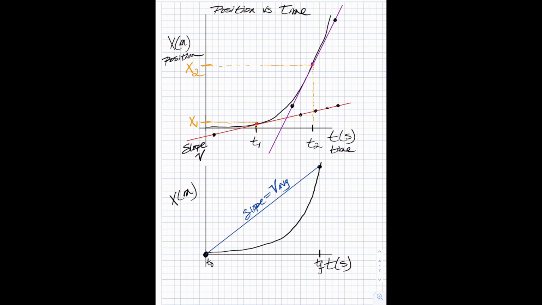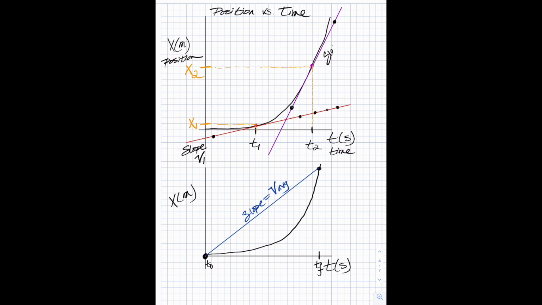I'll call that v1. And the slope of this purple line is equal to the instantaneous velocity at time 2. And so now you can see the difference and the need for instantaneous velocity, the red slope and the purple slope, versus an average velocity, the blue slope.